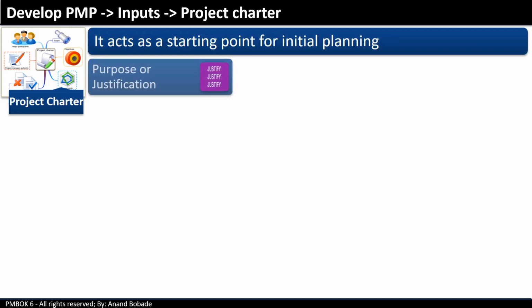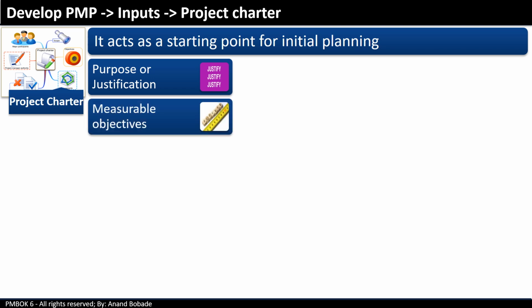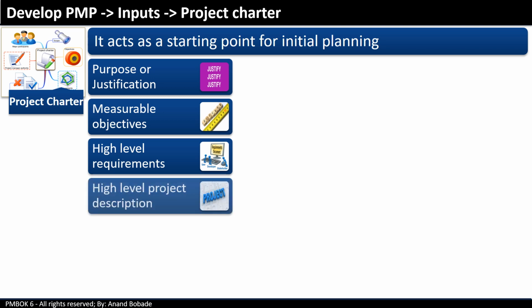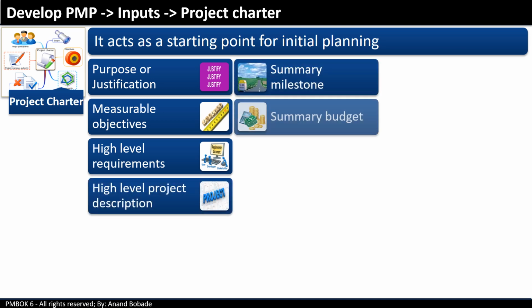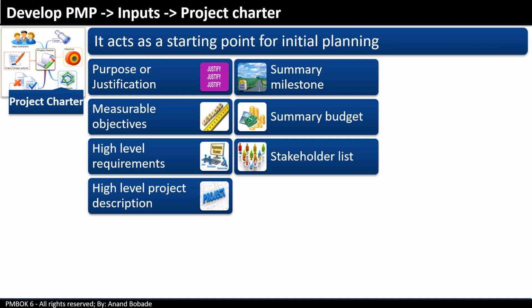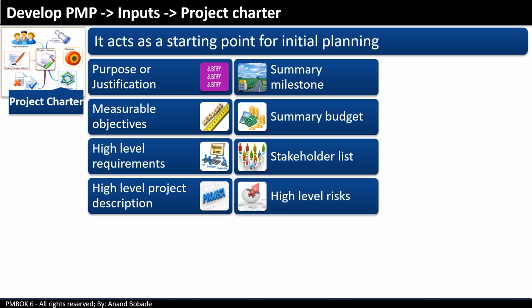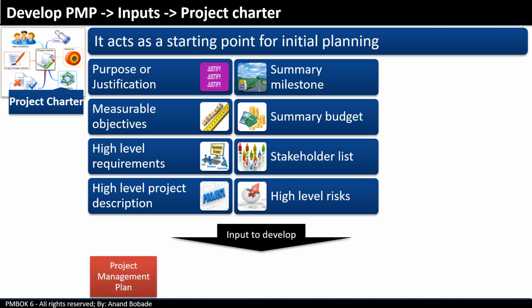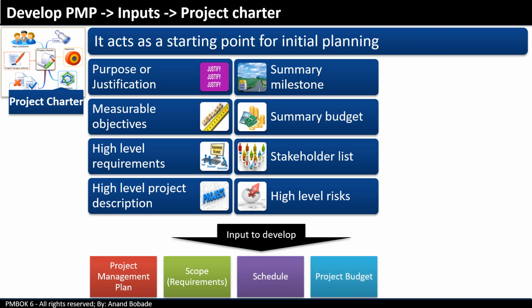We get information like project purpose or justification, SMART objectives, high-level requirements, high-level project description, summary milestones, summary budget, stakeholder list, high-level risks, etc. All this information acts as input which will be elaborated in various project documents and subsidiary plans. So it acts as input to the project management plan, to scope while gathering requirements. It also acts as an input for the schedule, project budget, etc.